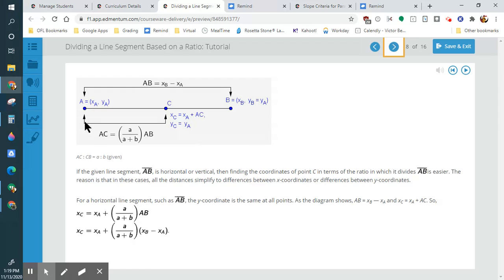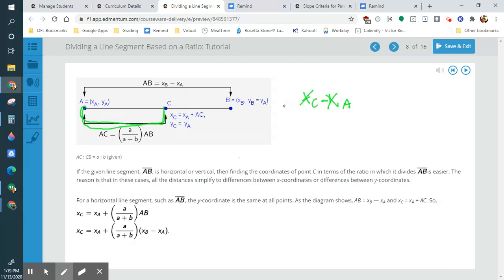If we're saying that the y is the same, we're only really dealing with the x's. So instead of just calling it AB, we're going to call it for what it is. We're going to call it A minus B. So if we want to find this point C somewhere in here, we're going to say that this length right here that we used before, this length is the x value of C minus the x value of A, sorry.